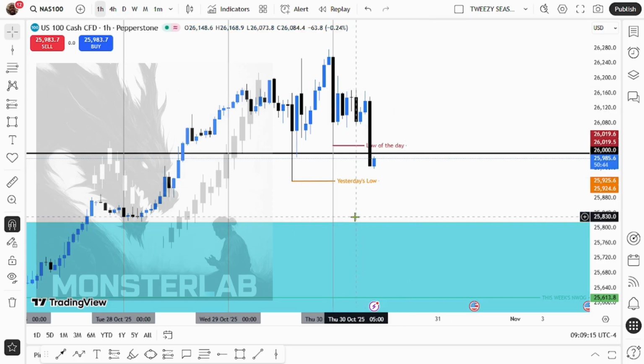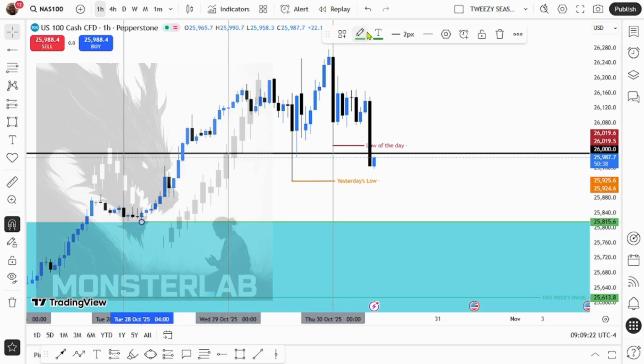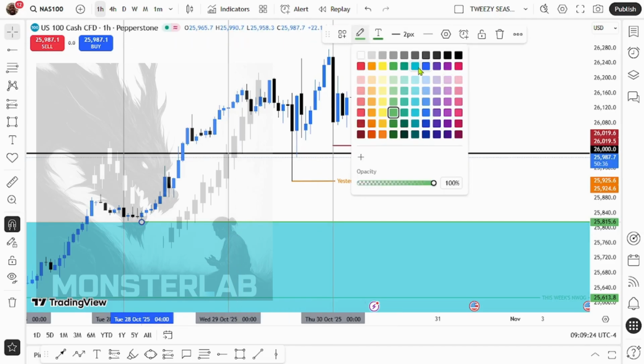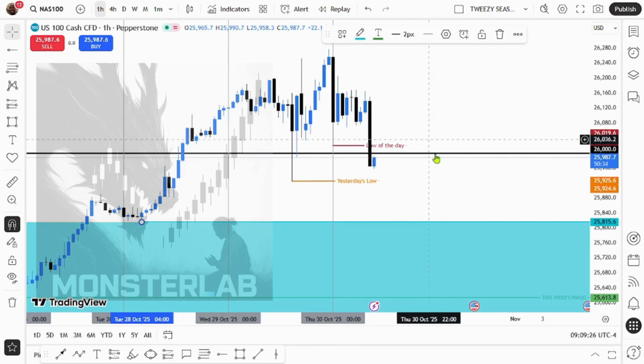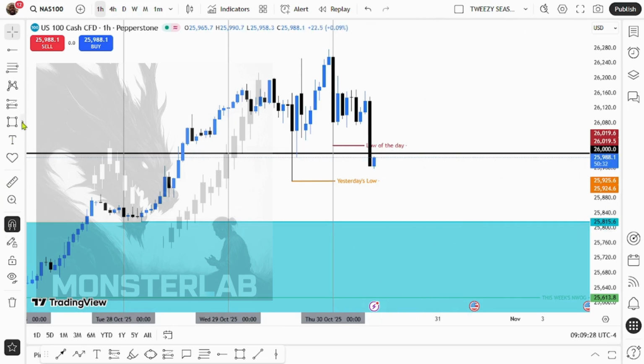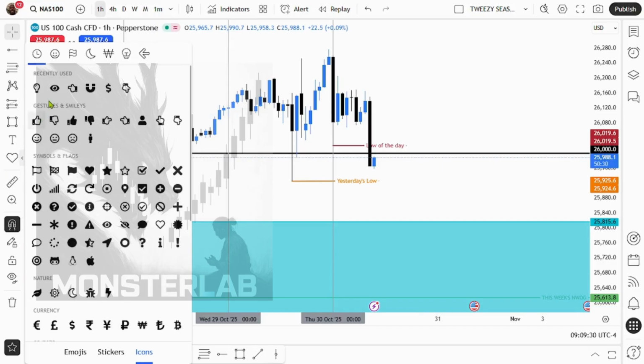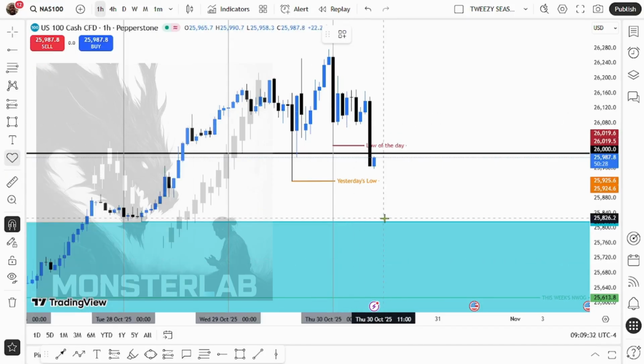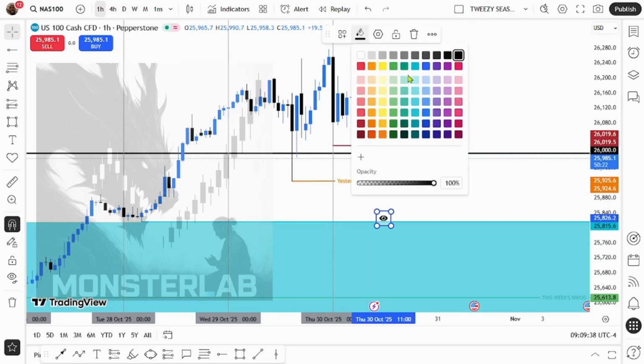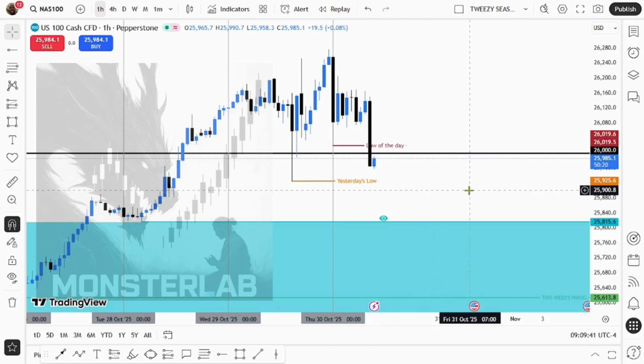As you can see, we have yesterday's low just above this blue daily fair value gap, which I want price to reach into. I'll be watching Monday's low, which is also the high of this blue fair value gap.